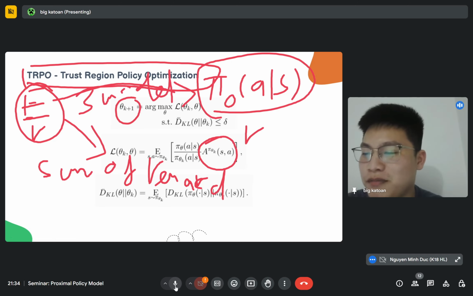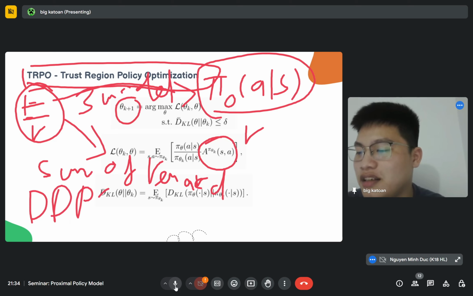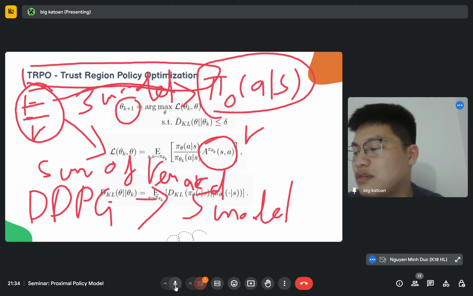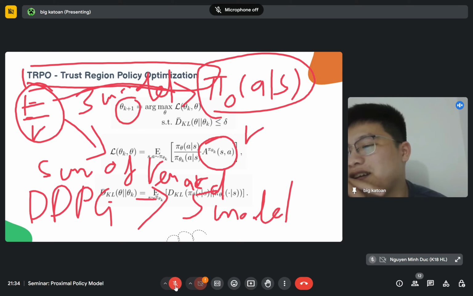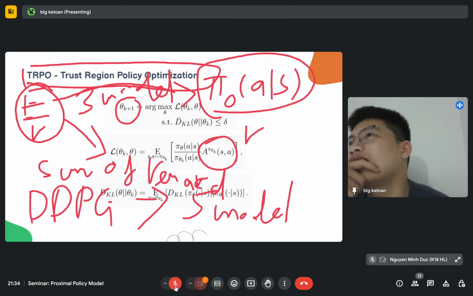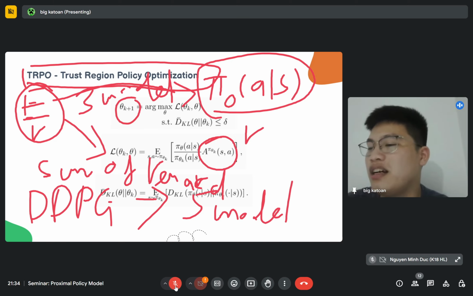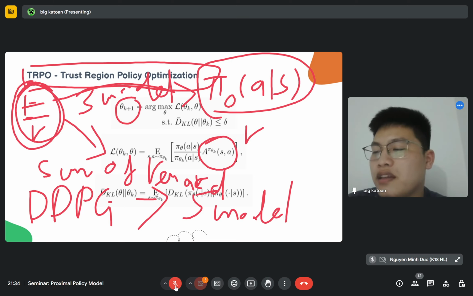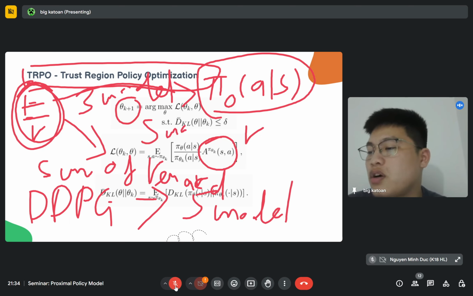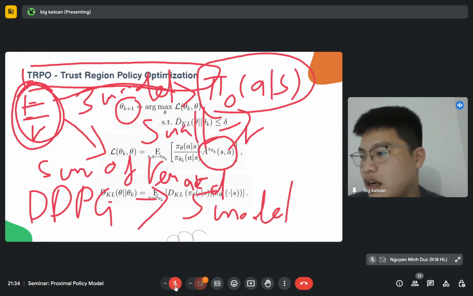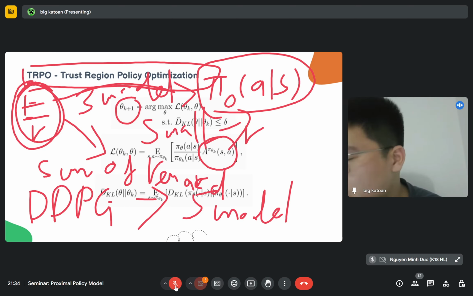In some problems like DDPG, we actually need to update five models. This is the reason why they use PPO in LLM, because the expected model is quite small, and it can be used for training the model without changing too many hyperparameters.